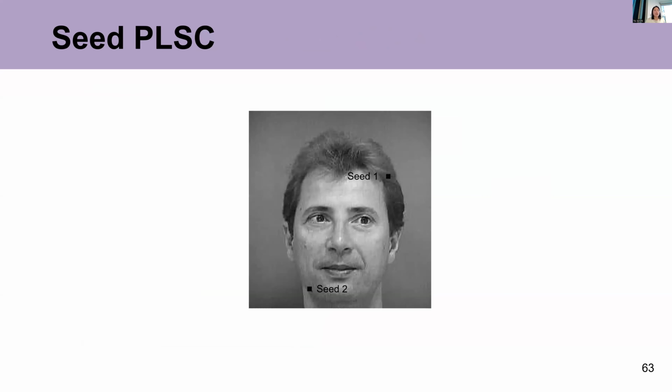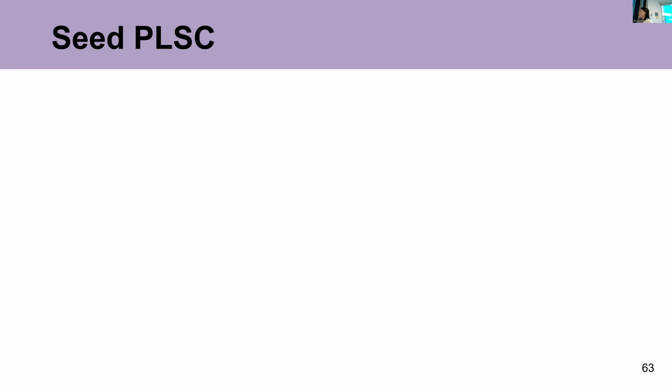The other one that is related to brain analysis is seed PLSC, where, for example, I picked this pixel and this pixel, and if you think about it in the brain, it's like this voxel and this voxel in a brain, and I want to look at how similar they are to the rest of the brain, the activation.